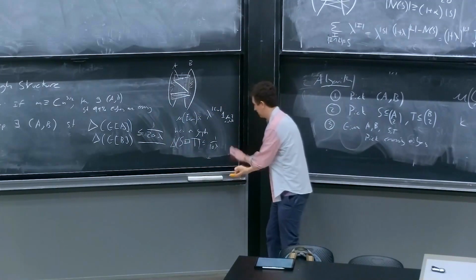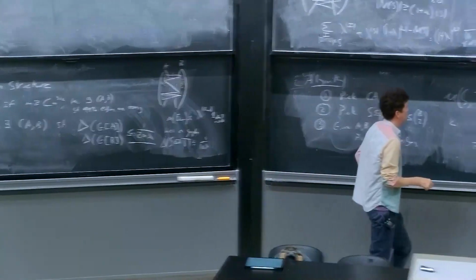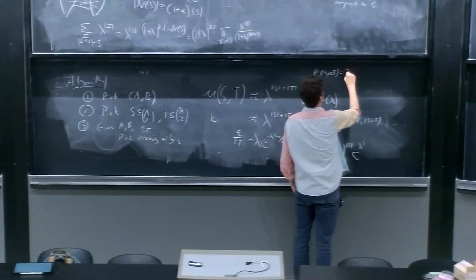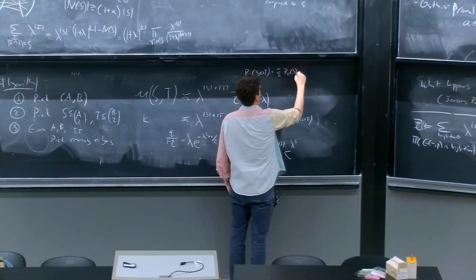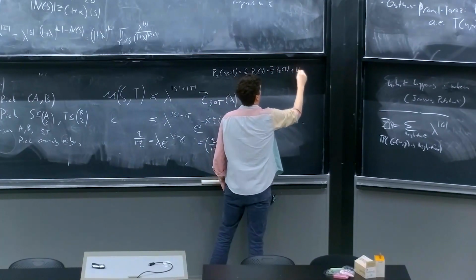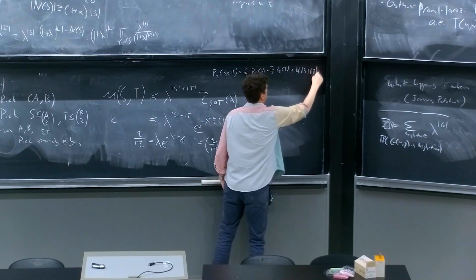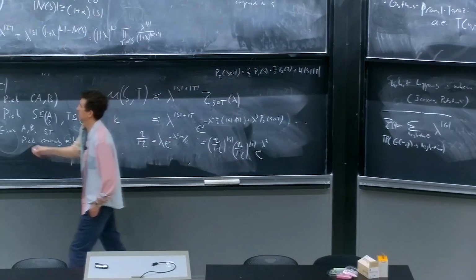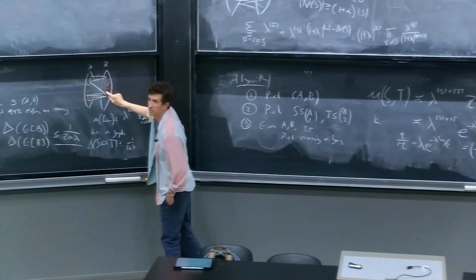Okay, so there's some way to calculate this. Let me tell you what it is. It's like n over 2 P2 of S plus n over 2 P2 of T plus 4 size of S times size of T. Right? That's from this kind of P2.